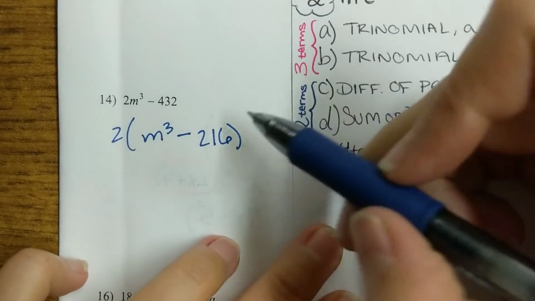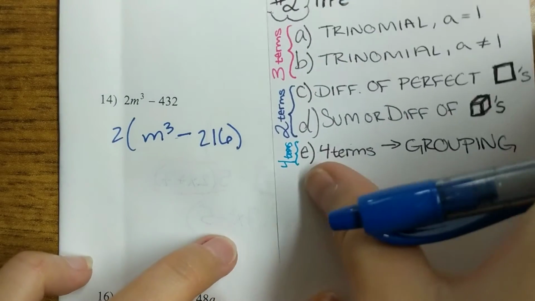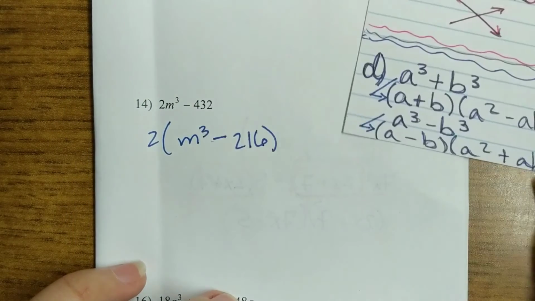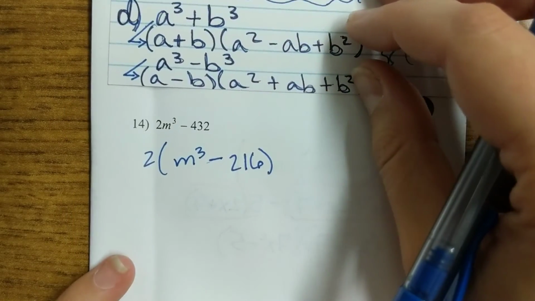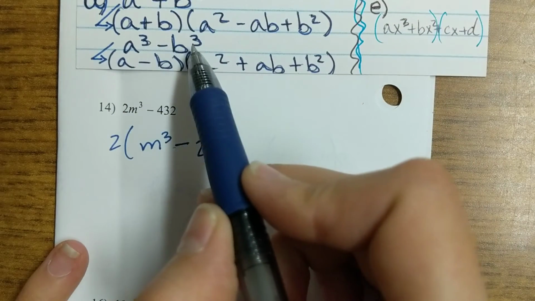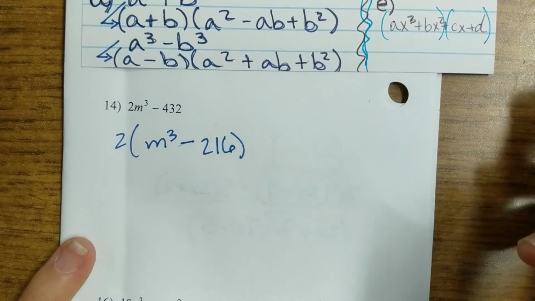Okay, and this is a difference because it's subtraction of cubes. So difference of cubes. This formula goes as follows. A cubed minus B cubed turns into A minus B times this trinomial.